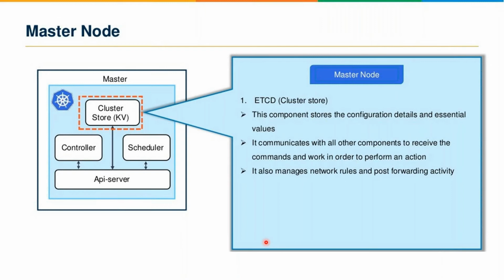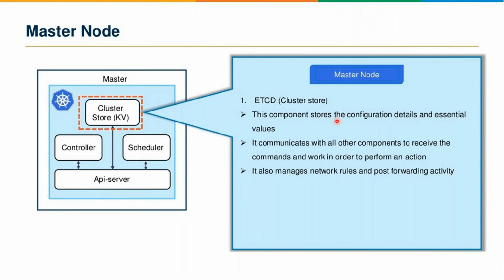In Linux, the etc folder has all the configuration files. The same way in Kubernetes, we have etcd. In etcd, all the configurations will be saved: the cluster configuration, node configuration, pod configuration.